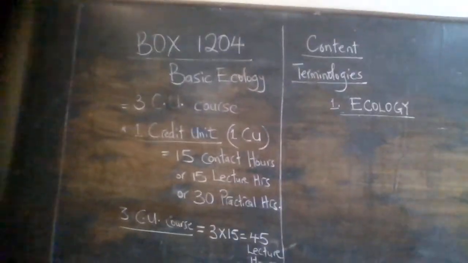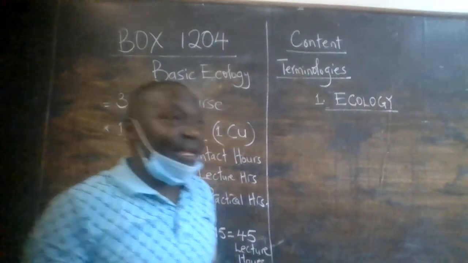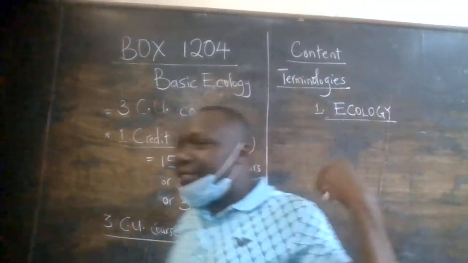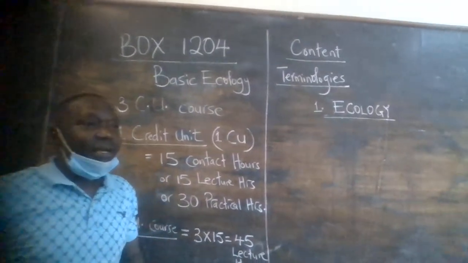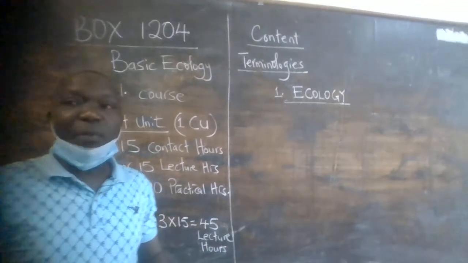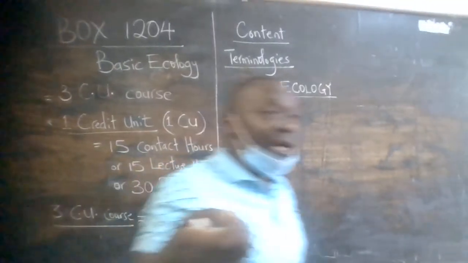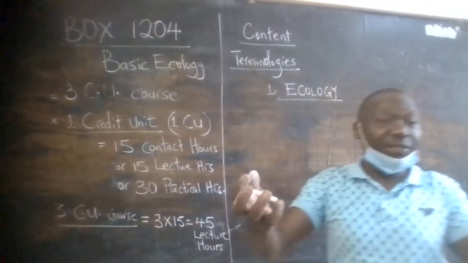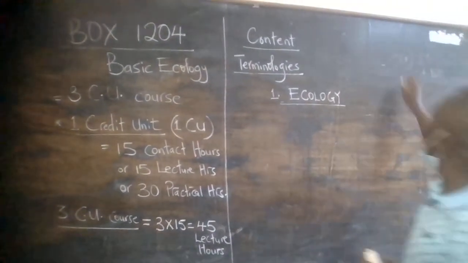Of course, you are all students of biological sciences, and one of the reasons why you study these things is that in the future we are looking at you as people who will be working, for example, with environmental bodies or environmental organizations, such as UNEP.